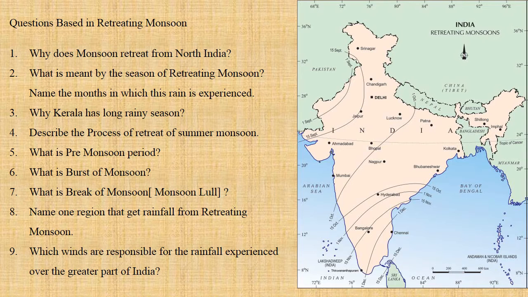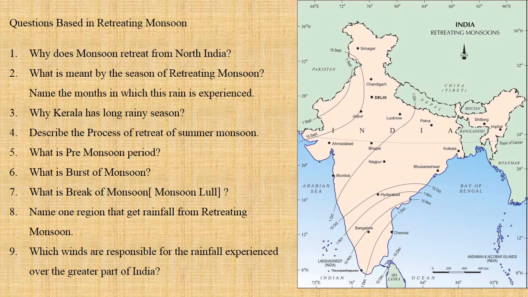Second question. What is meant by season of retreating monsoon? The meaning of season of retreating monsoon is it's a transition period between the withdrawal of southwest monsoon wind and the onset of northeast monsoon wind. Name the months in which this rain is experienced: October and November.